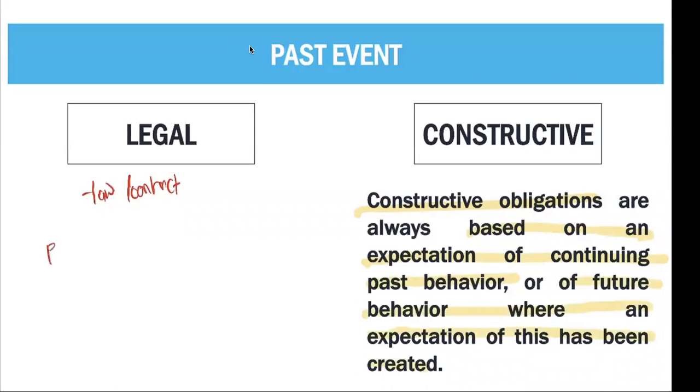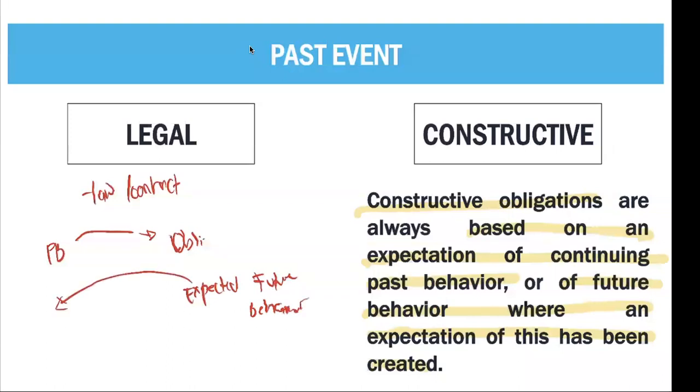So it's either past behavior, and because of that past behavior, there can be an obligation. Or there is an expected future behavior because of a past behavior. Again, when can we say it is constructive?